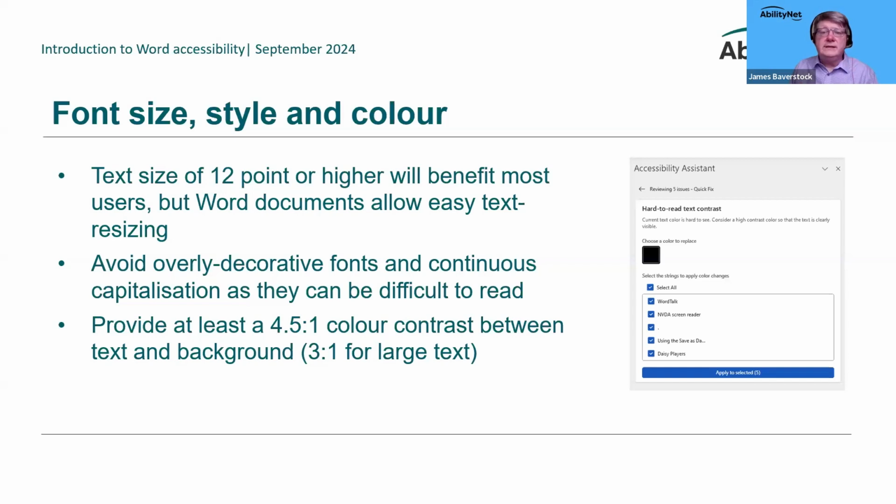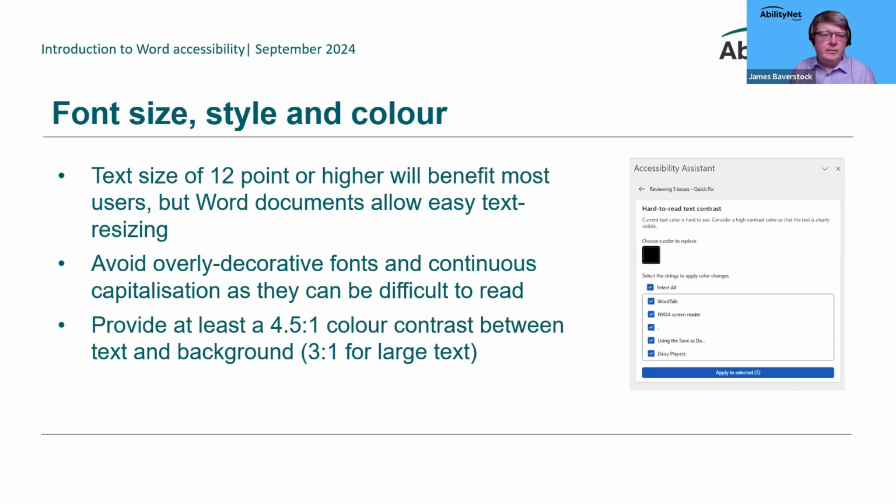There's a very important rule in the Web Content Accessibility Guidelines around color contrast, that you need to provide adequate color contrast between text and background. And in the Web Content Accessibility Guidelines, that says there should be at least a 4.5 to 1 color contrast for regular size text. There is an easy way to check this within Word.